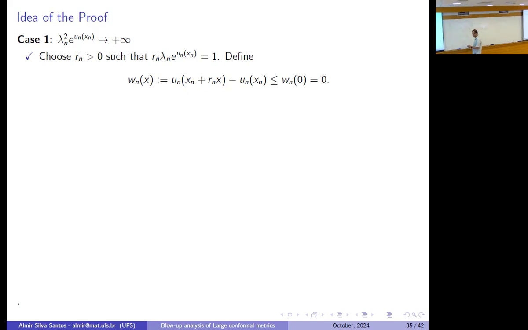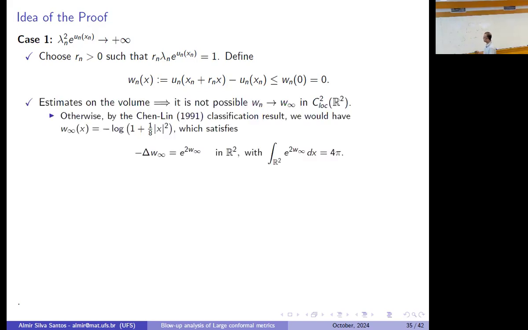Because what we get is that if this happens, this convergence in C^2_loc of R^2, then we find a contradiction, because by the result of Chen and Li, the limit W_infinity has to be this function which satisfies these estimates. But we can prove that if this is the case, then the integral has to be less than 4 pi. This gives us a contradiction.